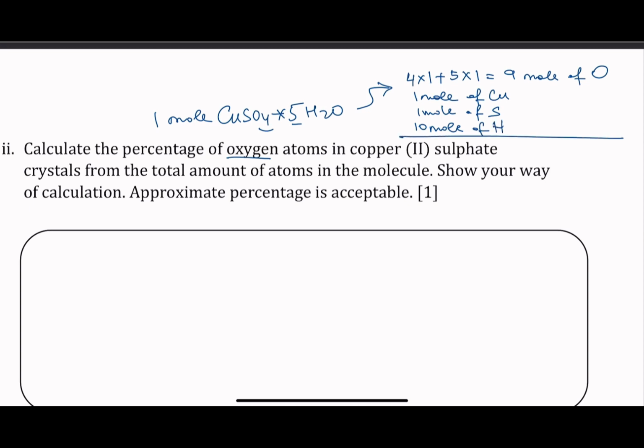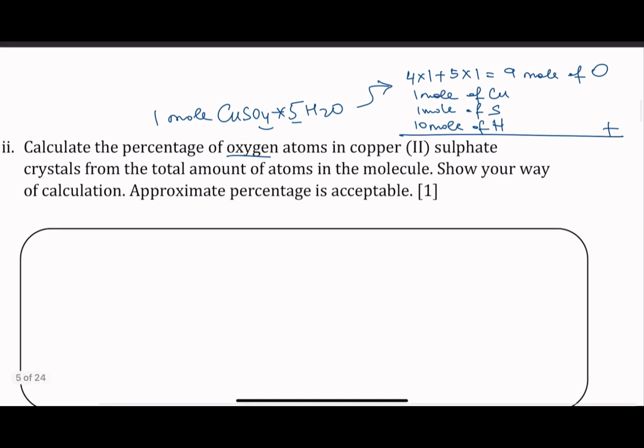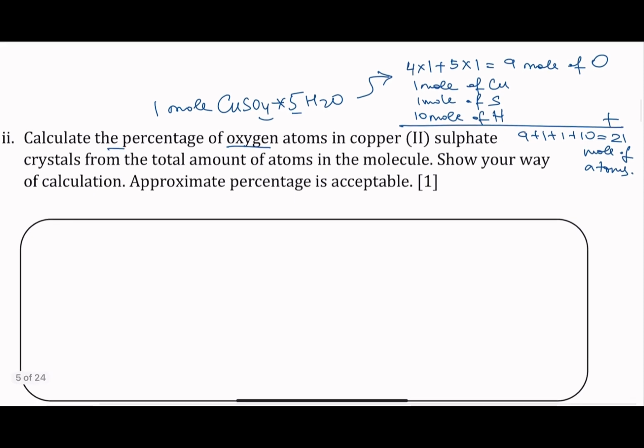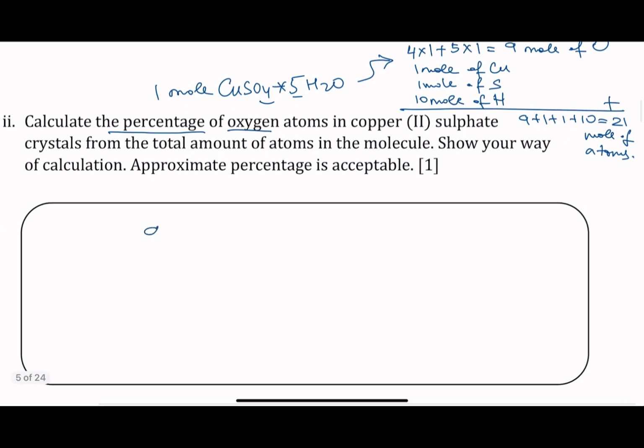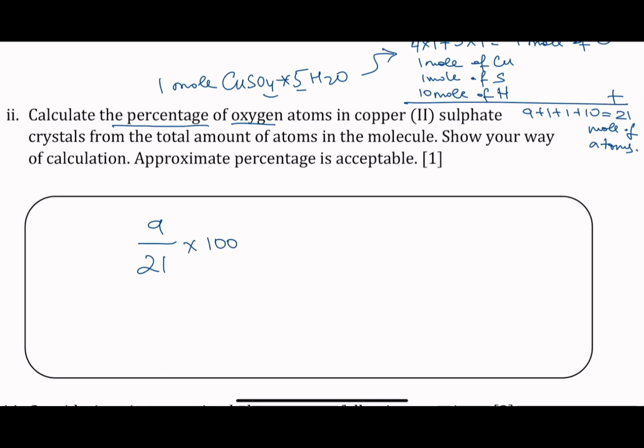So if you add them up together, you would have 9 plus 1 plus 1 plus 10, and this would be 21 moles of atoms, right? Total atoms. Now it's asking you calculate the percentage of oxygen atoms, which would be 9 over 21, and then you would multiply by 100 to get the percentage, and this would be somewhere 40.30%.